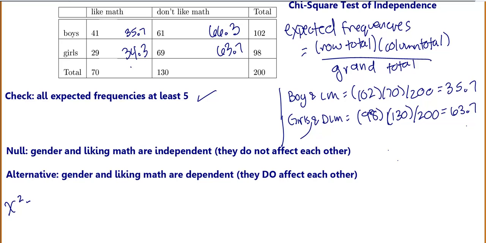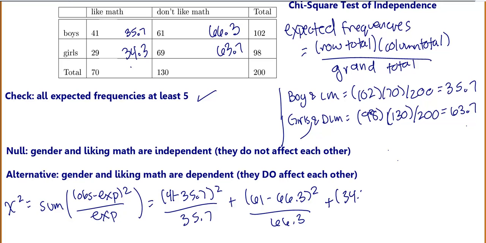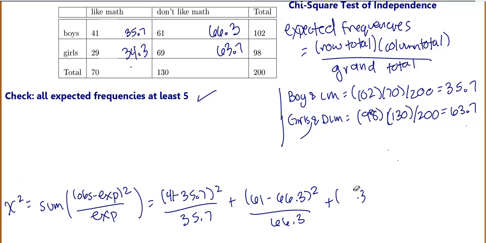Let's find our test statistic, chi-squared. Once again, it's just the sum of each observed minus expected squared over the expected. So my first observed is 41 and the expected is 35.7 squared over 35.7, and my next observed is 61 and its expected is 66.3 squared over 66.3. Nope, sorry, wrong one.